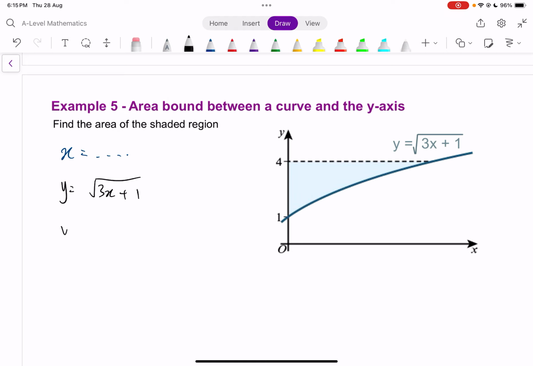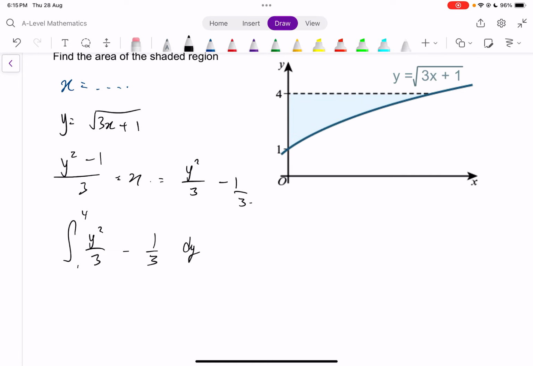If you want, you can write it this way, which would be easier. Then you integrate y squared over 3 minus 1 over 3, from 1 to 4, dy, because this is the integration of x dy.